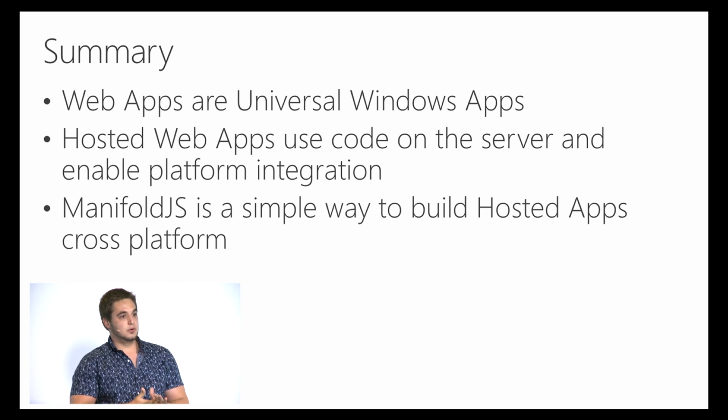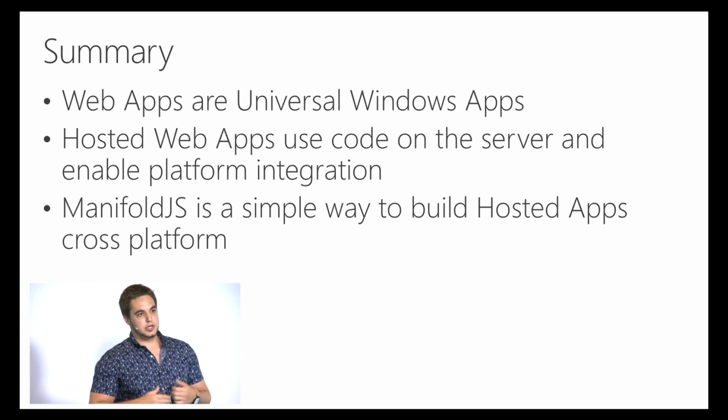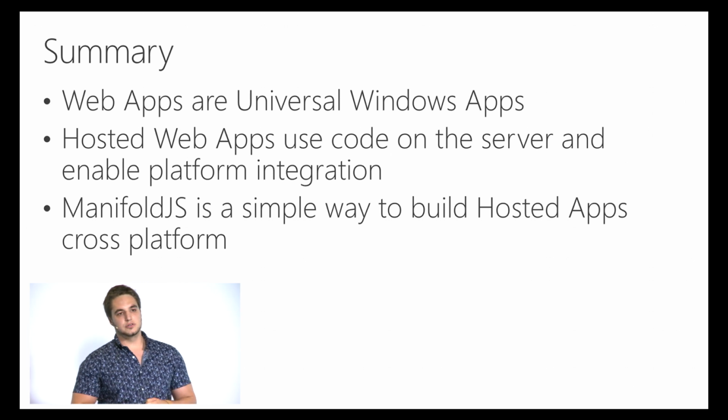Manifold.js is a simple way to build hosted web apps cross-platform. Manifold leverages Cordova. It starts with a JSON manifest, and it gives you the opportunity to publish your web app across multiple platforms, not just Windows. And we'll keep investing in that project in the future. Feel free to help us out.